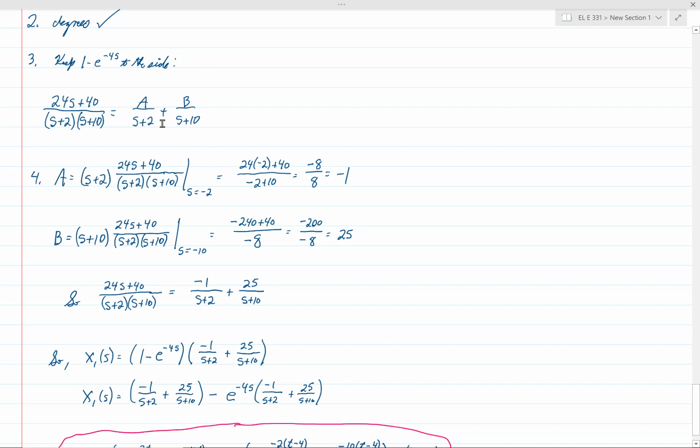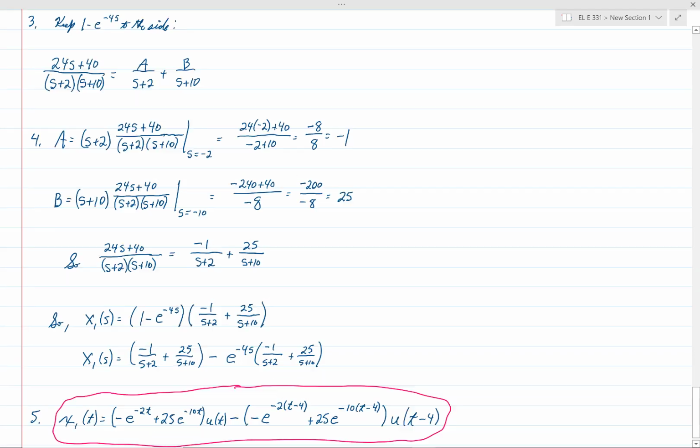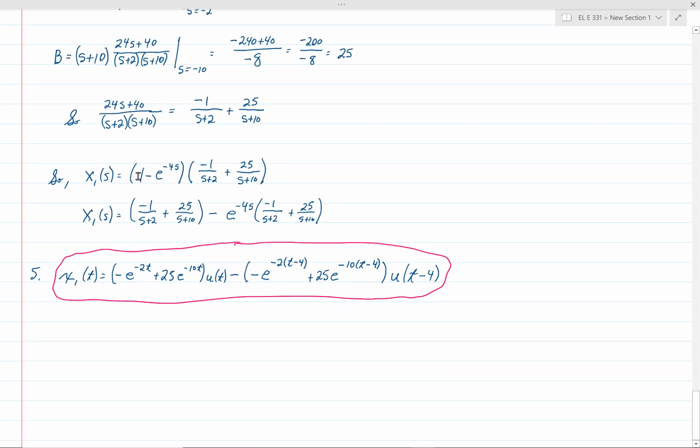Now let's include that term 1 minus e to the minus 4s, and so we have X1 of s is equal to (1 minus e to the minus 4s) times (negative 1 over s plus 2 plus 25 over s plus 10).